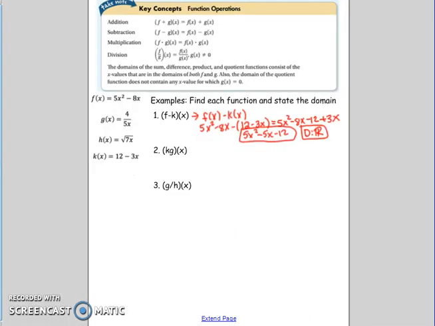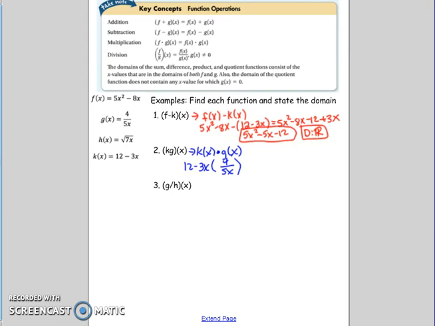For number 2, we're multiplying k and g together. So again, if you would rather see this written as k of x times g of x, if that makes more sense to you, you can rewrite it. So we're taking the k function, which is 12 minus 3x, and we're multiplying that to the g function, which is 4 over 5x.